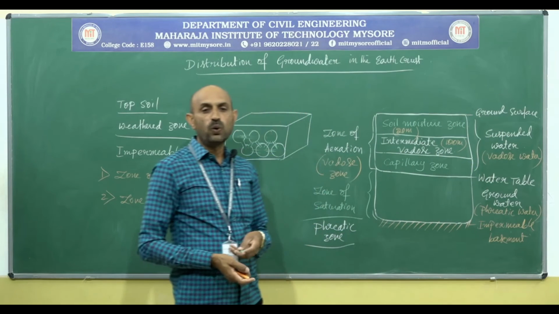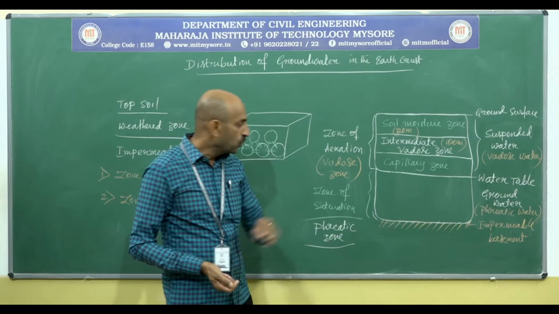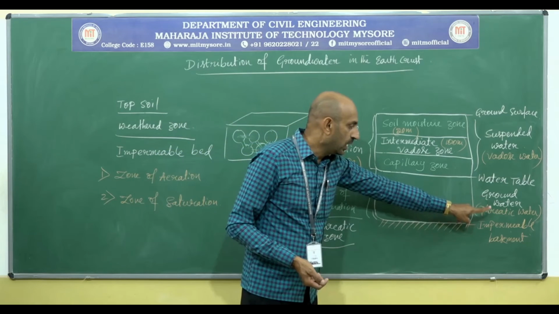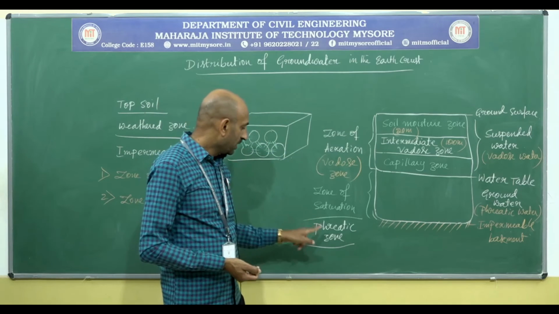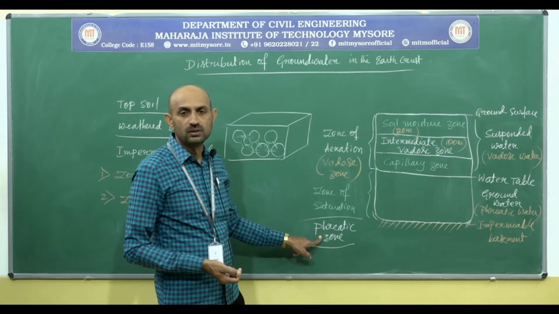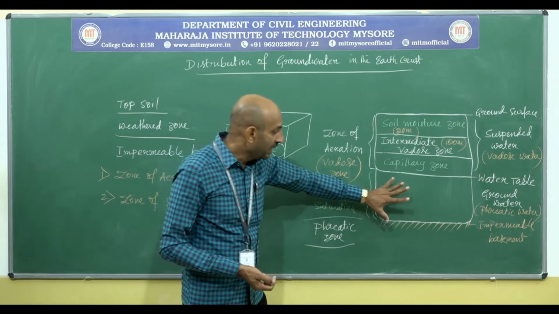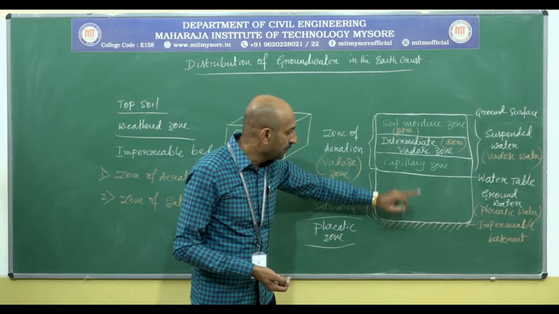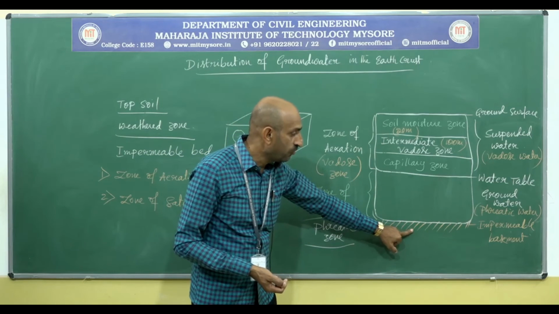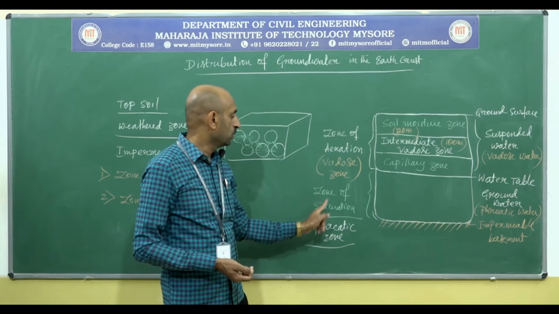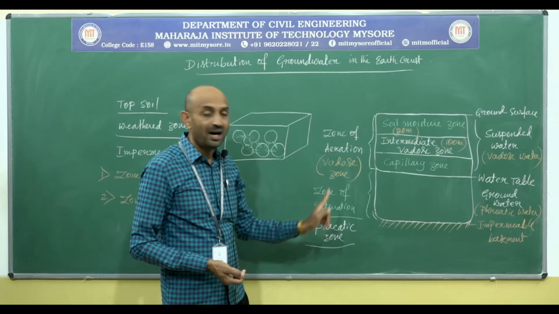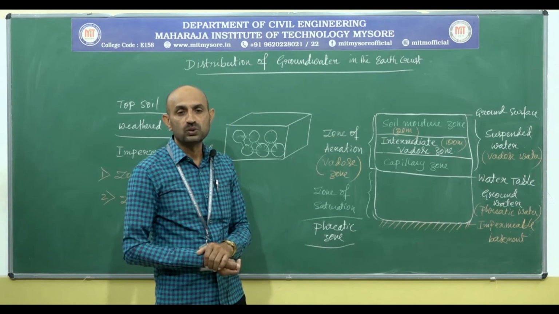What is phreatic water? Groundwater is also called phreatic water. What is the phreatic zone? The zone which lies between the water table and up to the depth of the impermeable basement is called the zone of saturation or phreatic zone.